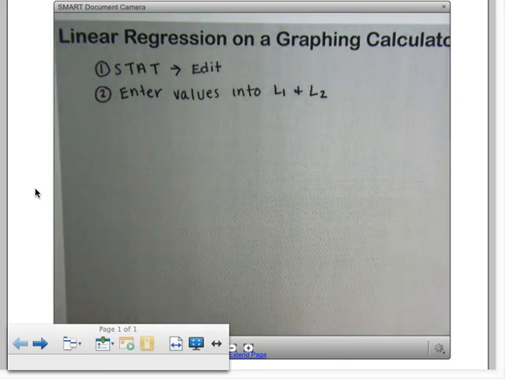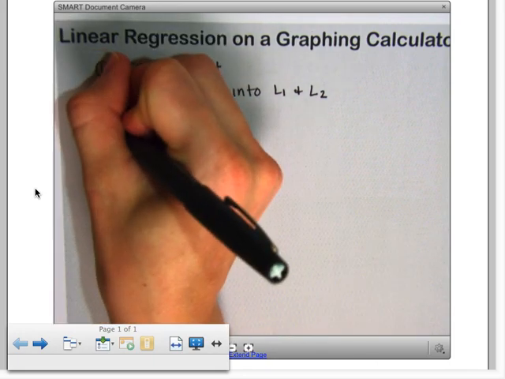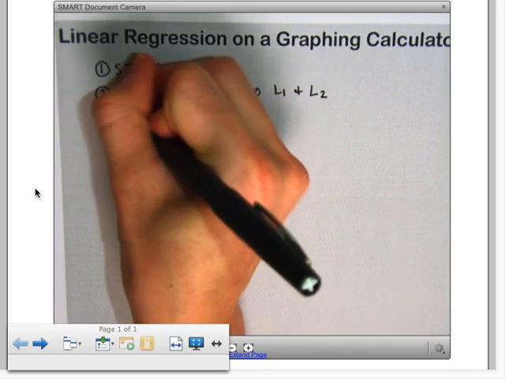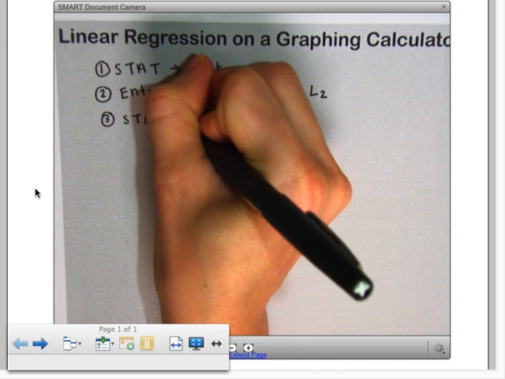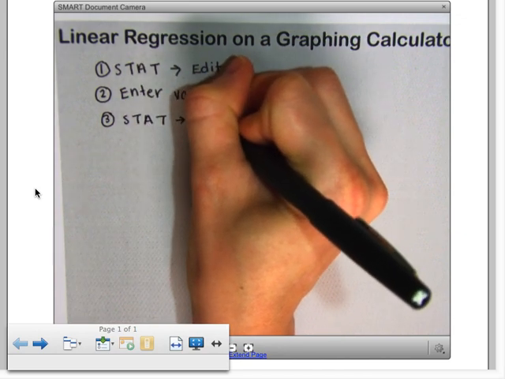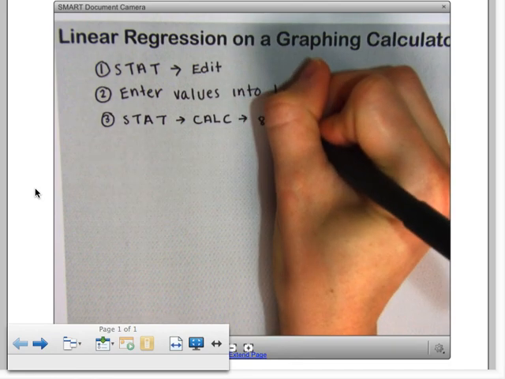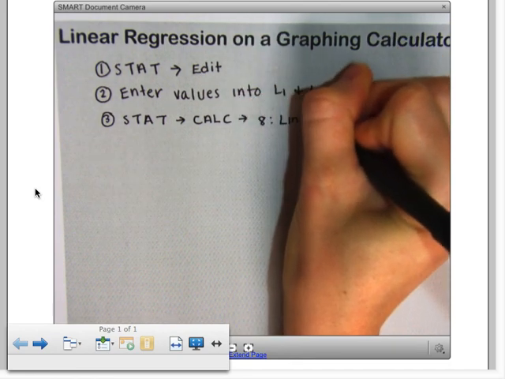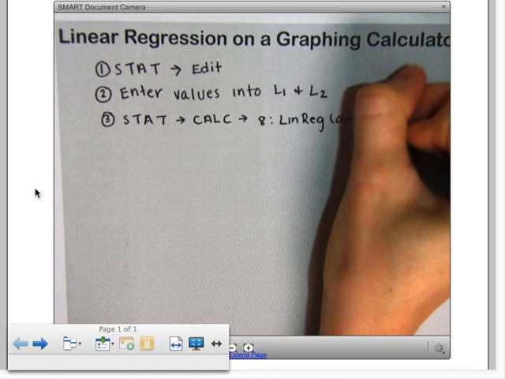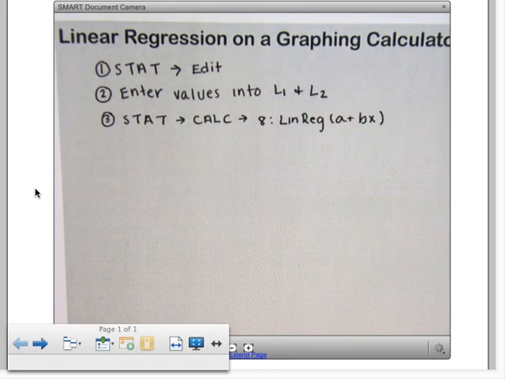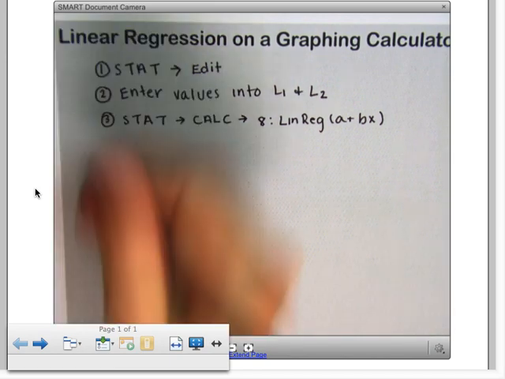Once we have all our x and y values in those lists, we're then going to go to Stat. We're going to arrow over to Calc, and then we're going to hit the number 8, which is linear regression a plus bx. Okay, once we select that, there are two different types on the calculator, so I'll show you both.